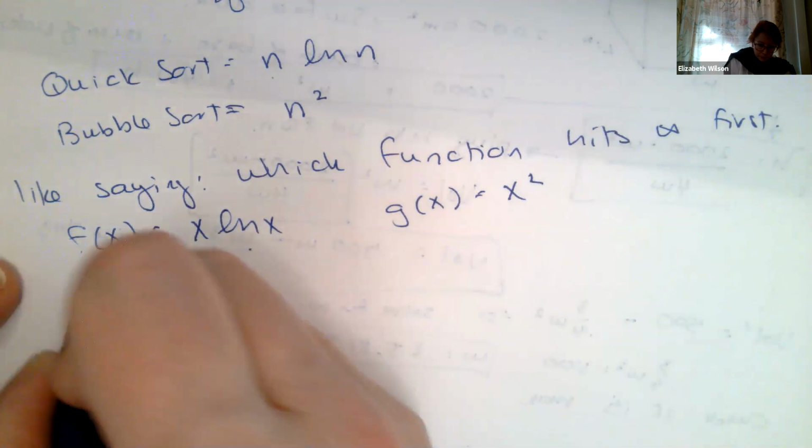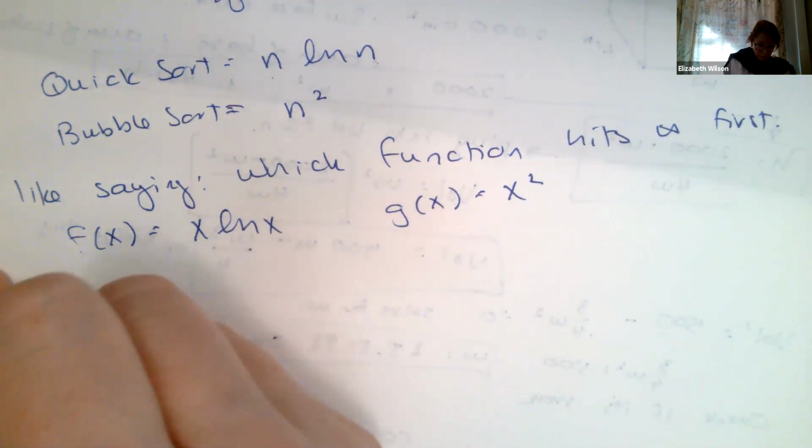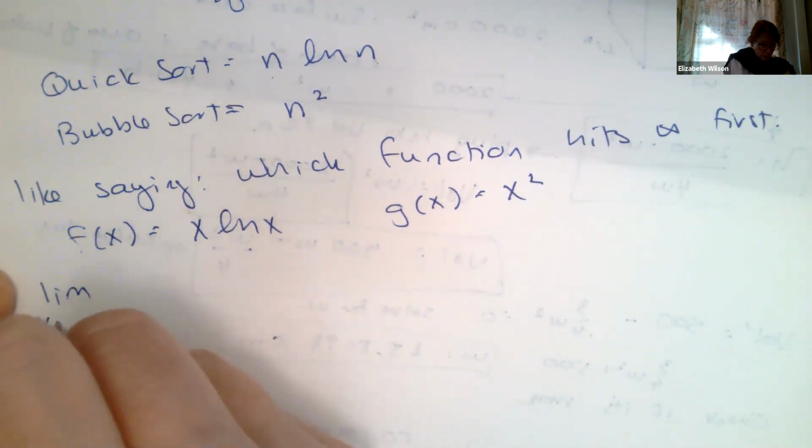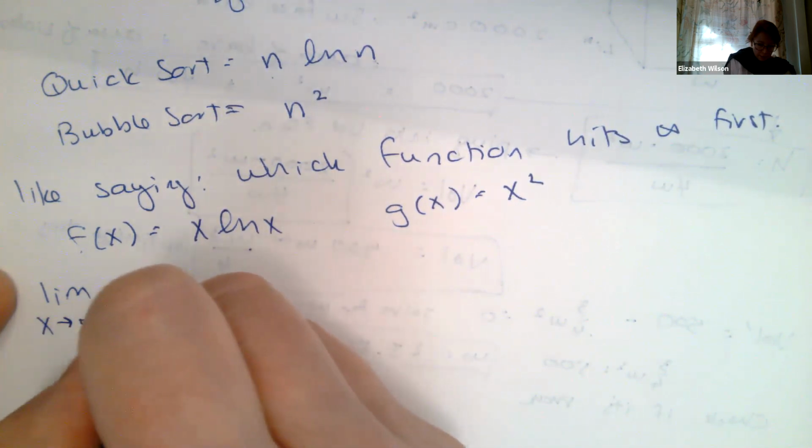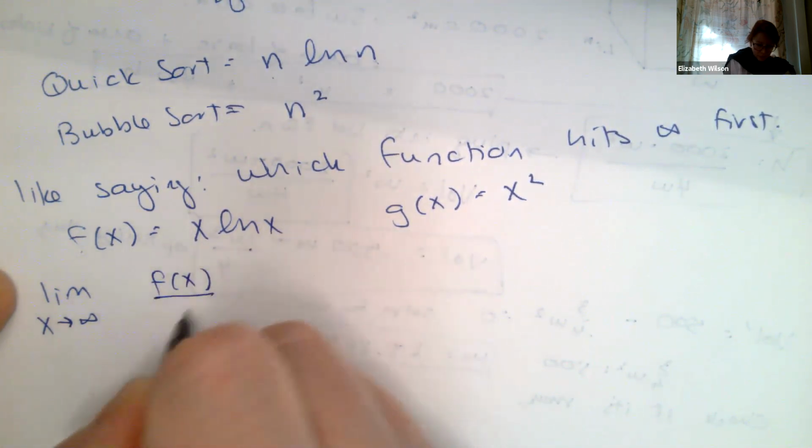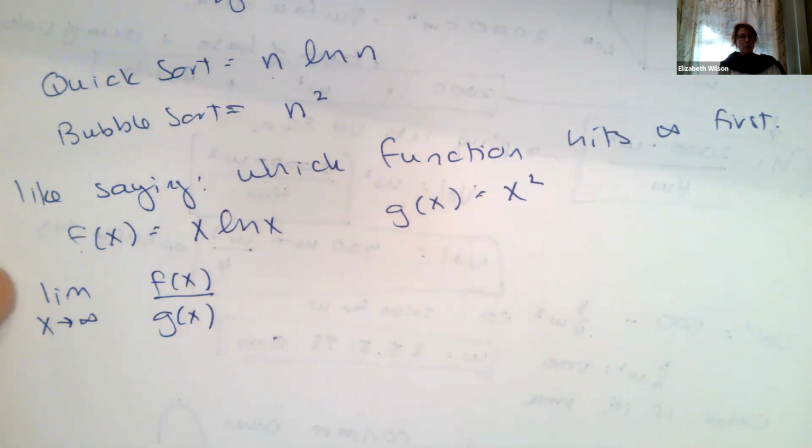So as x goes to infinity, we'll say the limit as x goes to infinity of f of x over g of x. How I decide which function I put in the numerator or the denominator is arbitrary, right? Maybe I'll go alphabetically, I don't know.